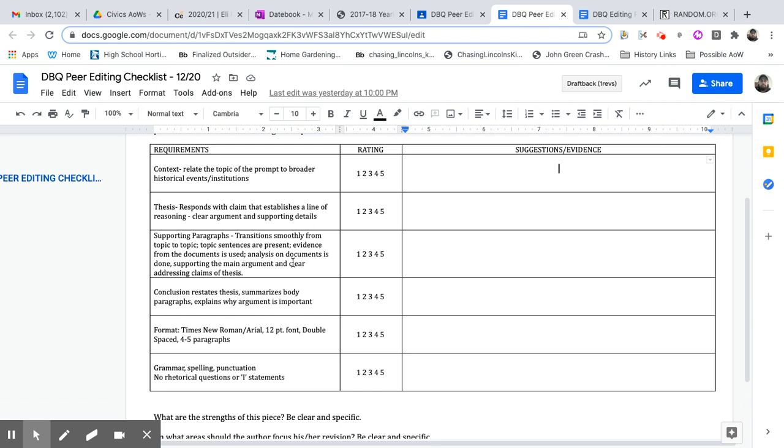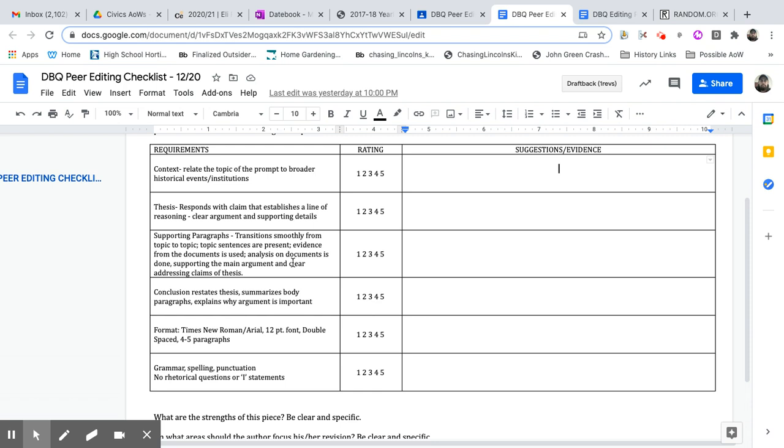And we want topic sentences. I want to see at the beginning of these paragraphs a sentence that cues the reader in on what the paragraph is going to be about. That doesn't mean that you're going to write, like, in this paragraph, I will argue this. It just means that we can look at that sentence and tell what's about to be spoken about in the paragraph.